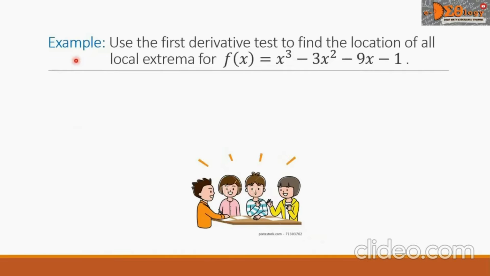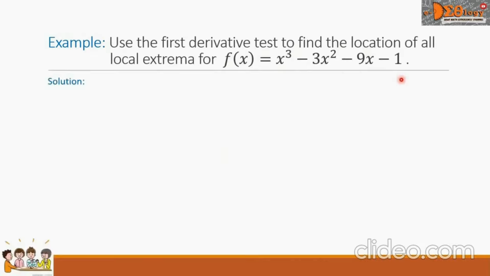Let's see this example. Use the first derivative test to find the location of all local extrema for the function f of x equals x cubed minus 3x squared minus 9x minus 1.